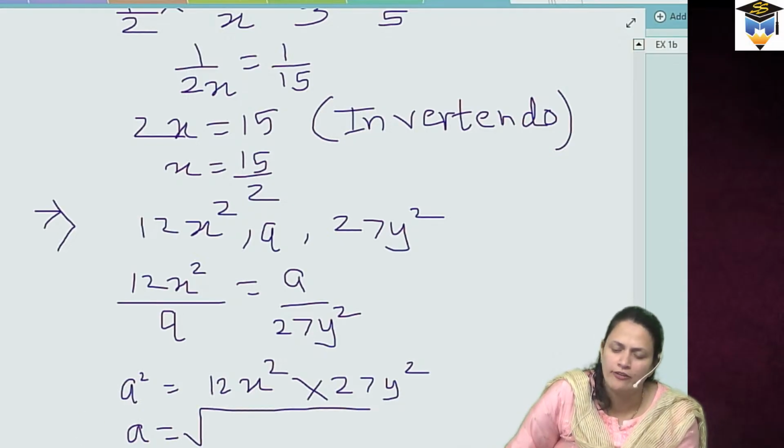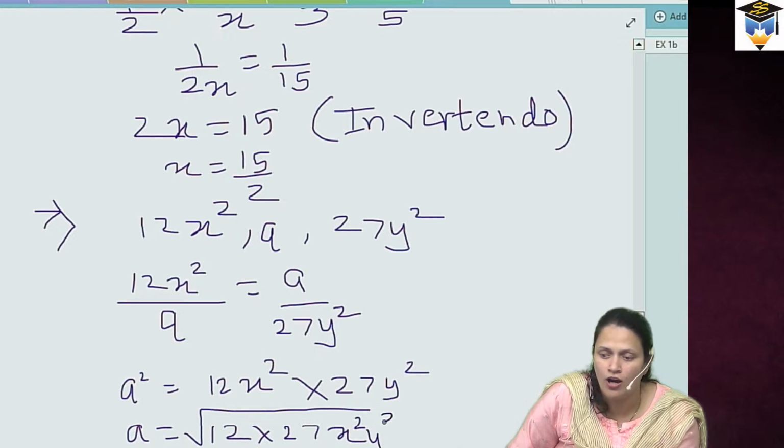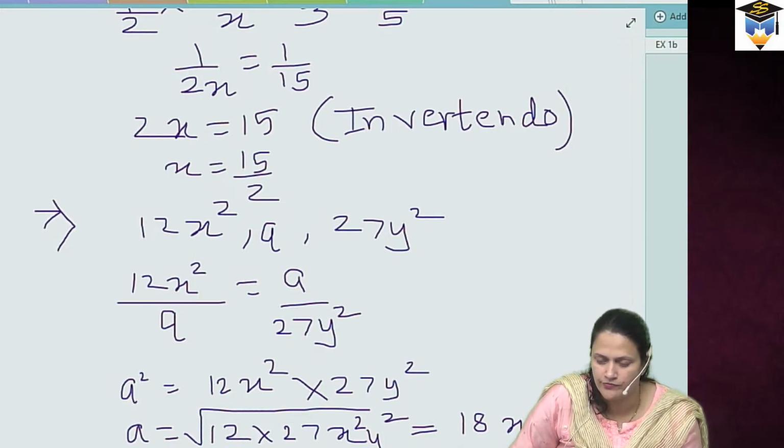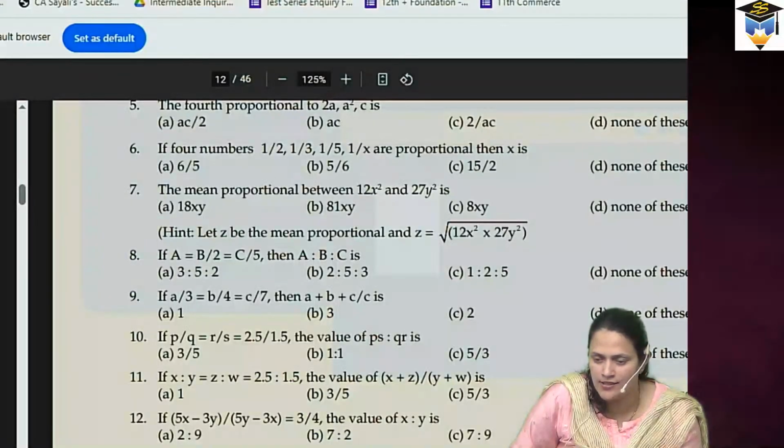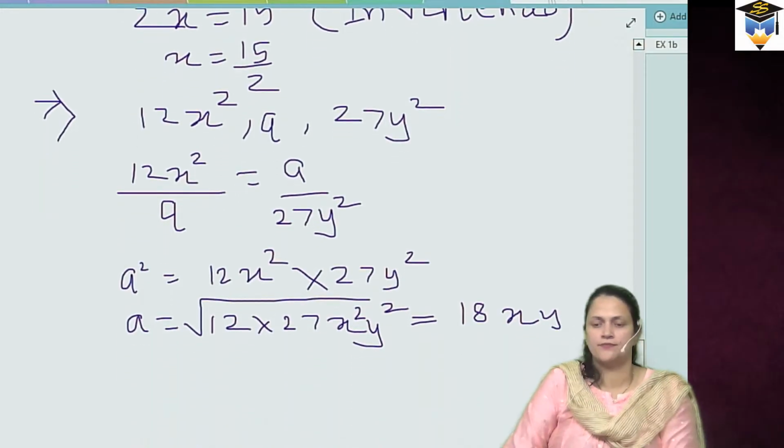Tell me how much is 12 into 27? So 324 is a square of 18. Correct? So 18xy will be the answer. I hope all of you know the squares now. 18xy is our answer. Option A for the seventh one.